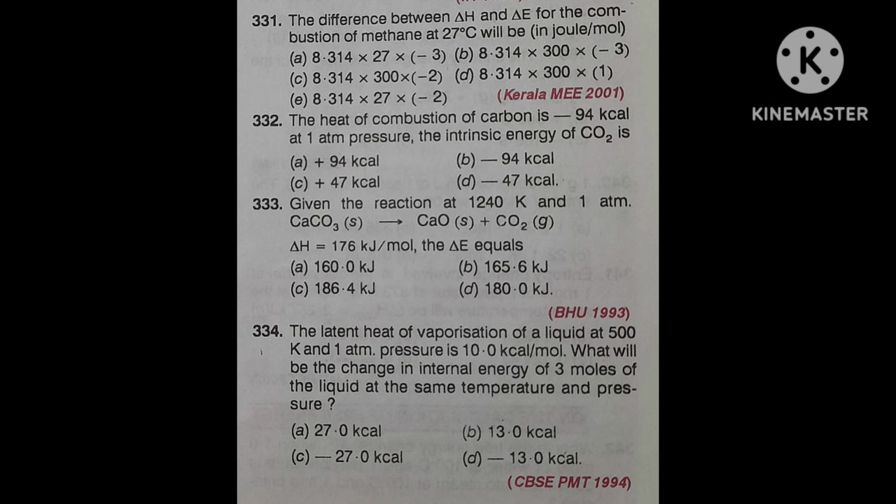Roughly it will go from this 176, it will become exactly after simplification some value deducted, a little more than 8. Okay, you will get 165.6 kilojoule. The correct answer after simplification is 165.6 kilojoule.